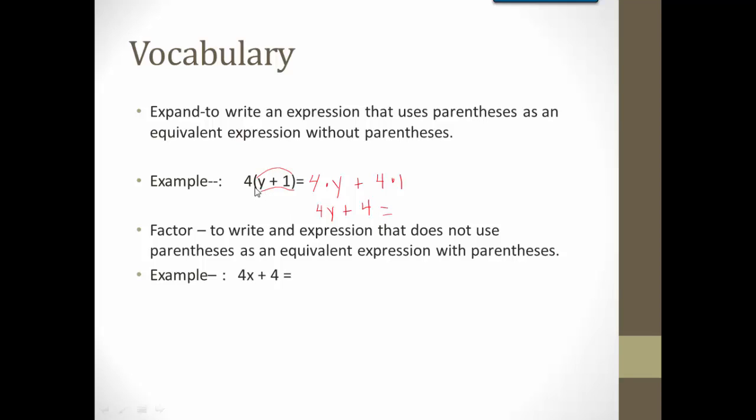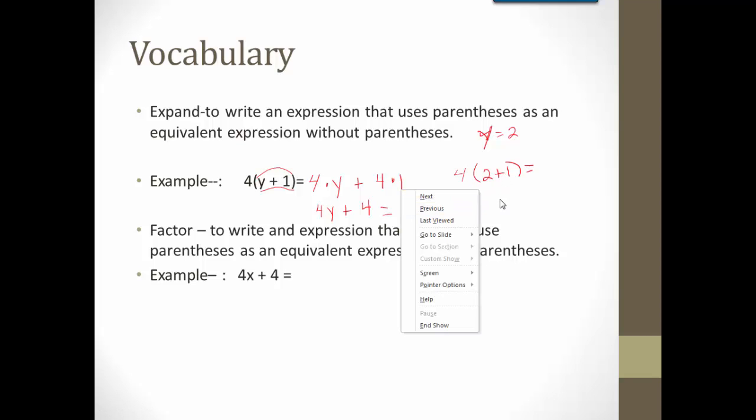Well, let's see if it will work. Let's use y equals 2. So let's choose y is 2 plus 1 equals. Expand it out. 4 multiplied by 2.